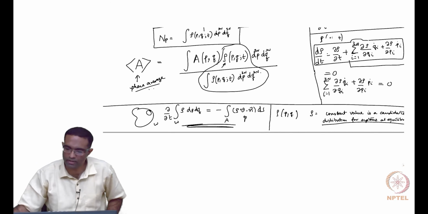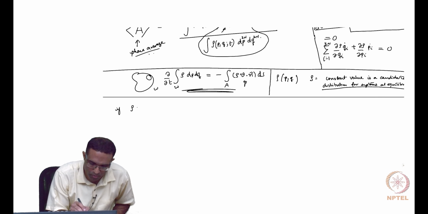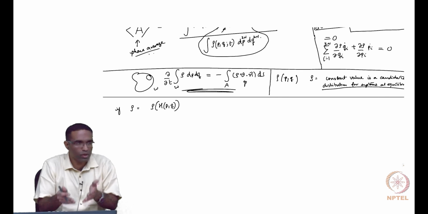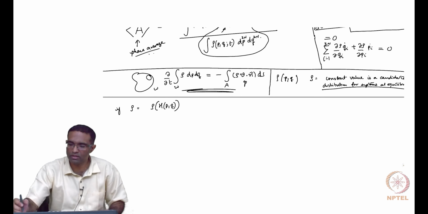And it so happens that if rho is a function of p and q only through H, the Hamiltonian, even then this quantity becomes 0.